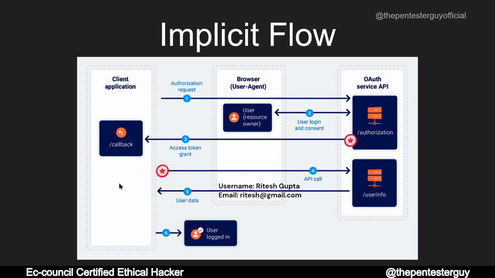The resource server provides the user data, and the person gets logged into the application for which you clicked to sign in with Google. This is the drawback: all the traffic is going through the browser. One can observe it, one can manipulate it, but the authorization code flow is secure from this perspective.